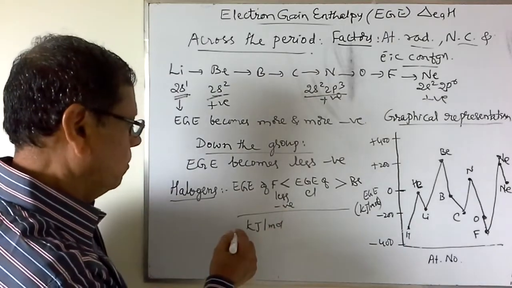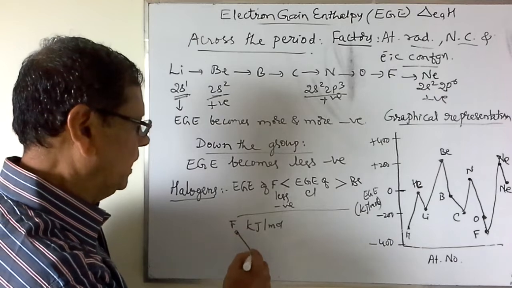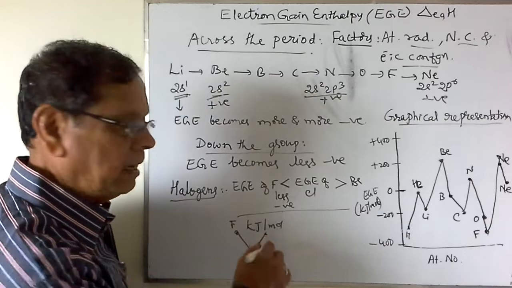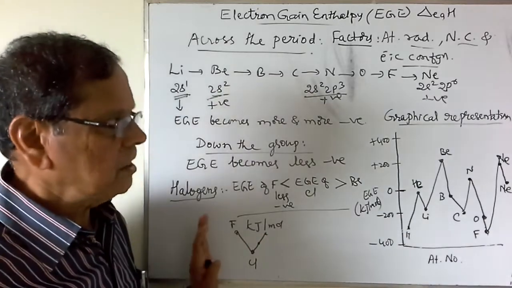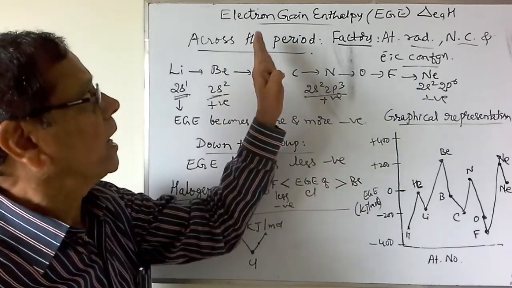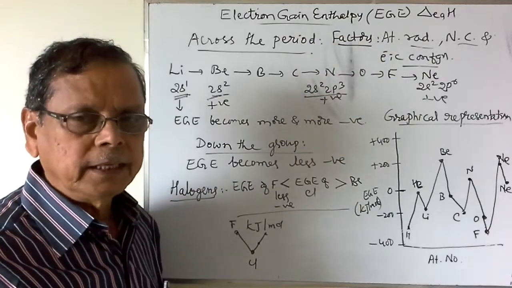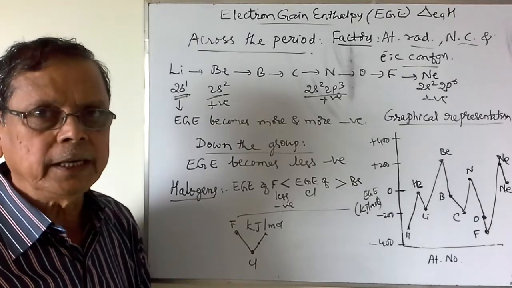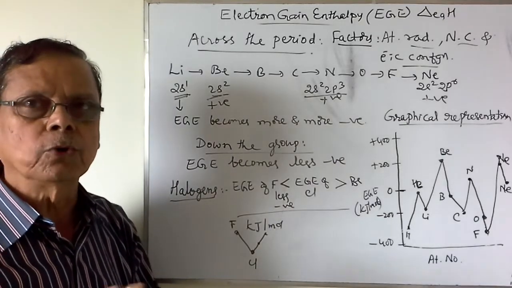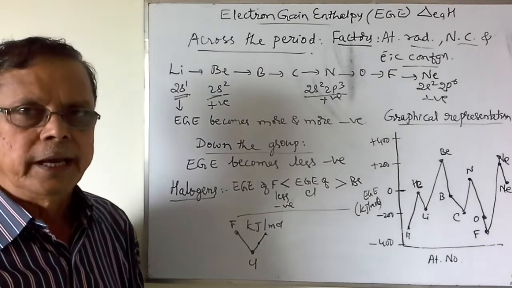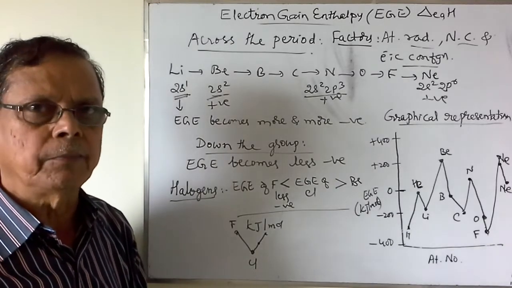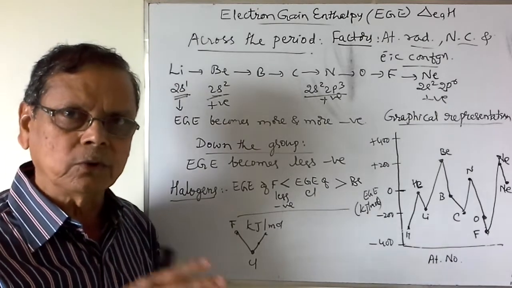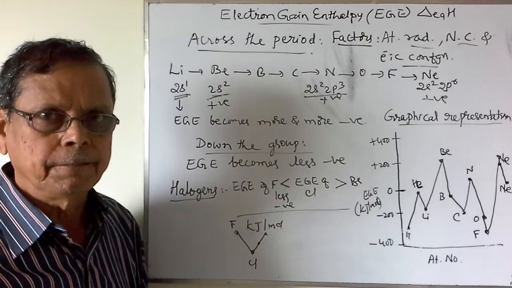So from fluorine to chlorine it becomes more negative, and for bromine and iodine it becomes less negative. So this is all about the electron gain enthalpy. In the next video we will go for another property, electronegativity, and how to use electronegativity to predict ionic bonding or covalent bonding, ionic character in covalent bonding and covalent character in ionic bonding, etc. Thank you.